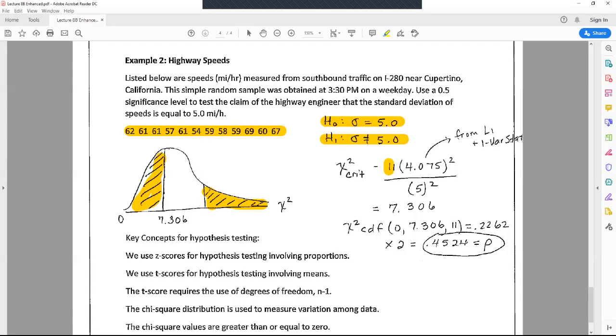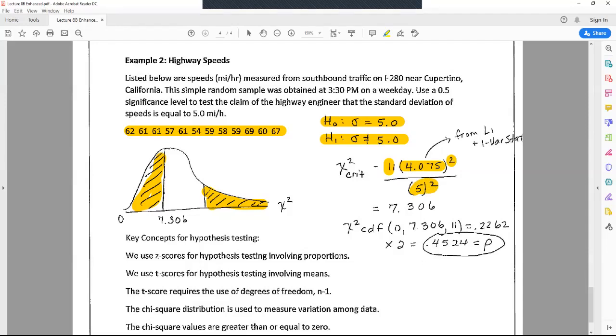If we put these speeds into a list and run one variable stats, we should get a sample standard deviation of 4.075. So we would put that in and square it. And then we will divide by 5 squared.